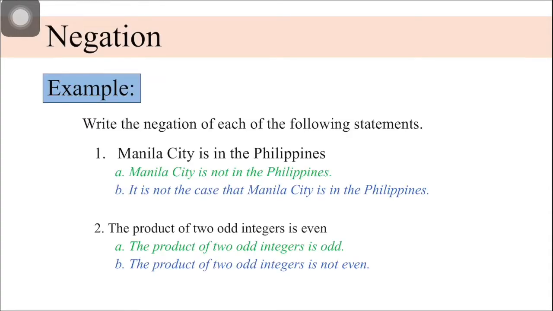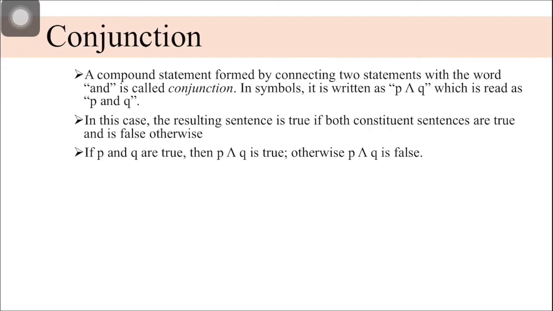So now let's proceed to conjunction. A conjunction is a compound statement. When you say compound, it has many, maybe two or more statements. So, conjunction is a compound statement formed by connecting two statements with the word and. It is called conjunction.